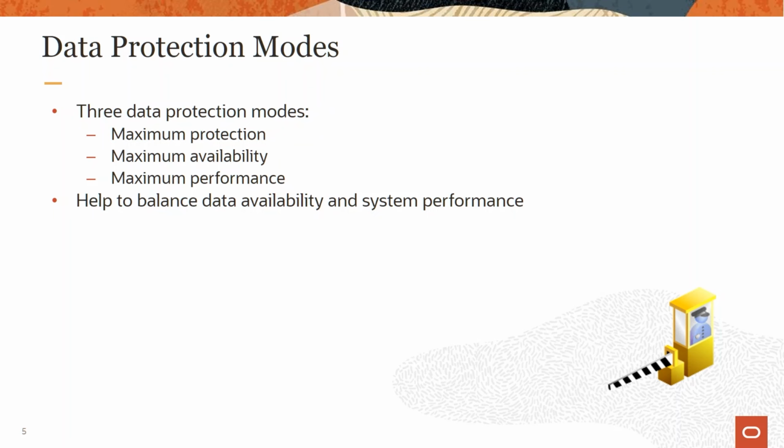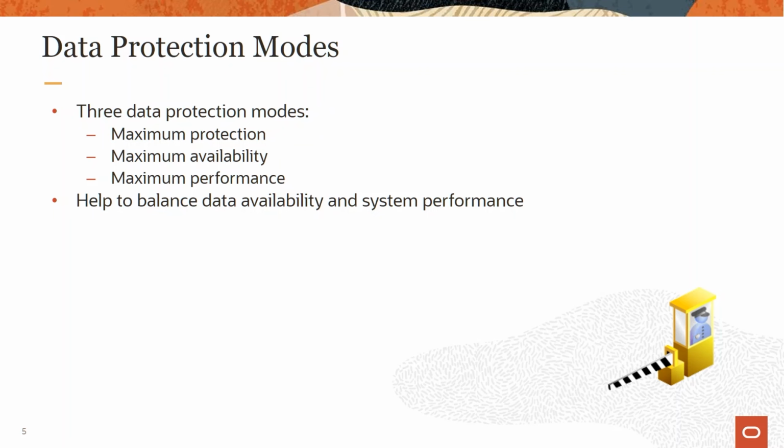And it always provides service through the primary database in case it's not possible to keep a synchronized standby database. So this data protection mode is to provide continuous service to the primary database.